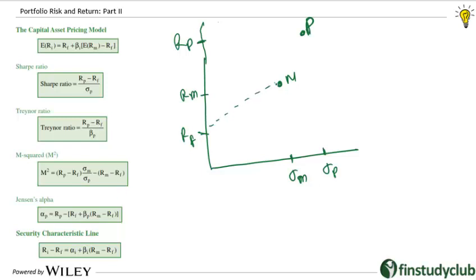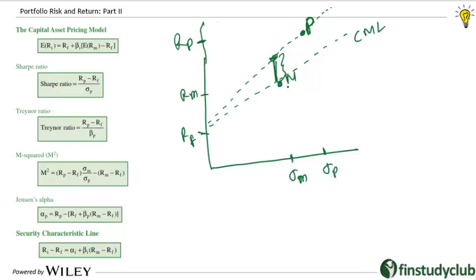Look at this. This is CML, capital market line. Let me try and create another line which combines Rf with portfolio P. Now I'm going to compare CML with this particular line. And this distance, mind it guys, this distance is what we try to compute by way of M-squared.